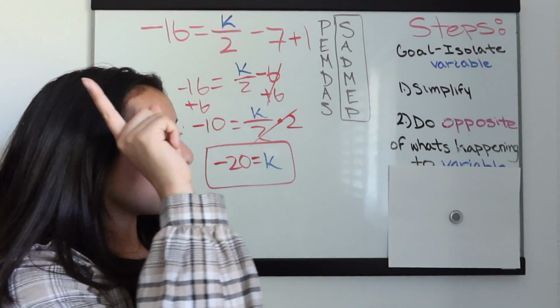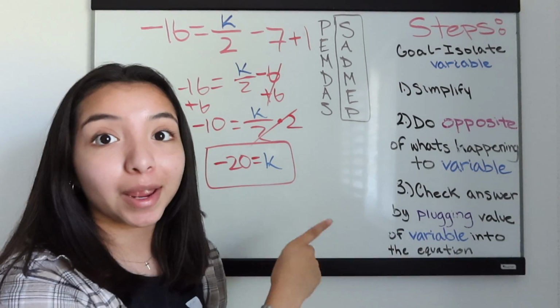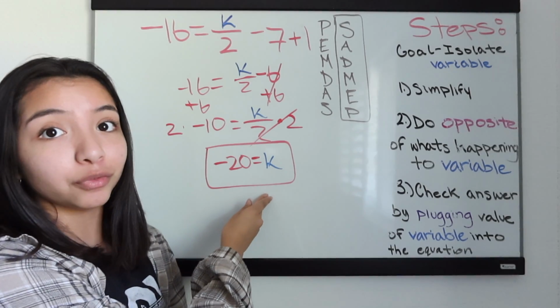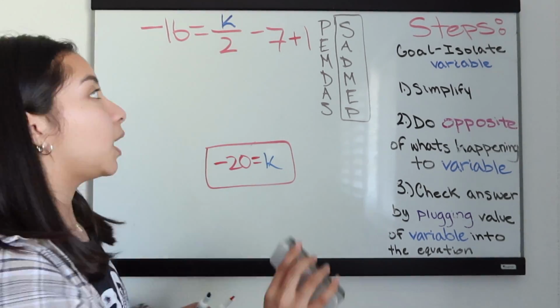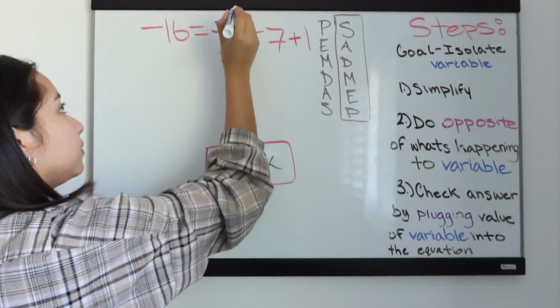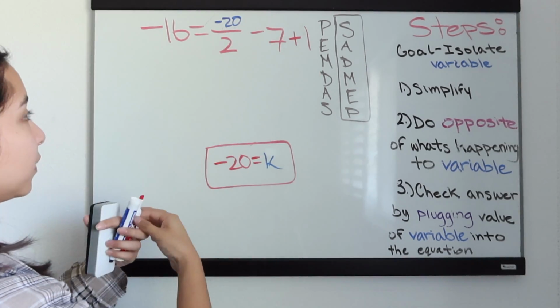However, we always want to check our answer by plugging in the alleged value for the variable into the original equation. So let's plug negative 20 into the variable. Alright, now let's just simplify.